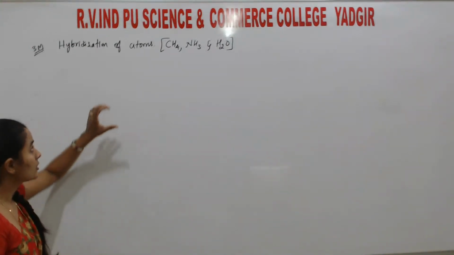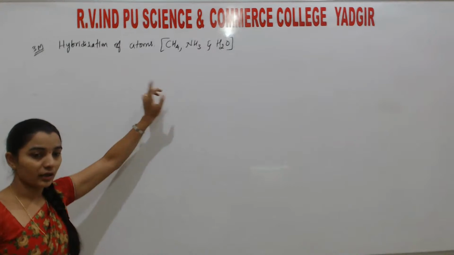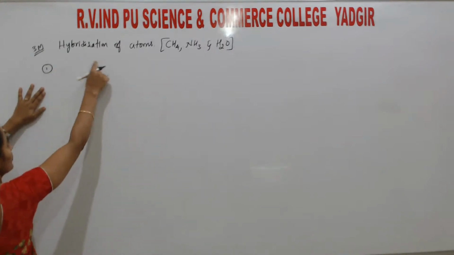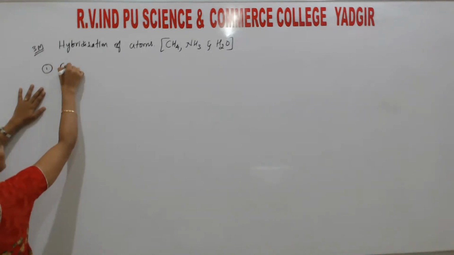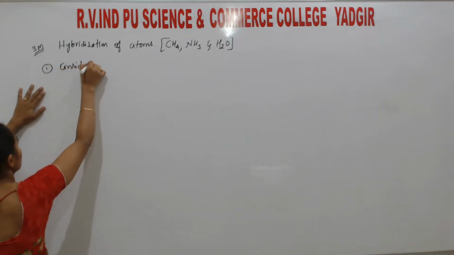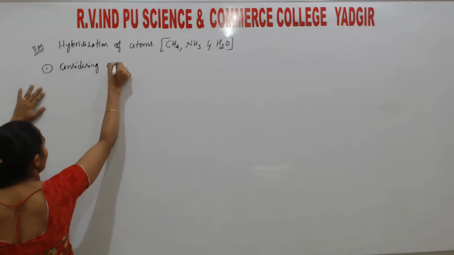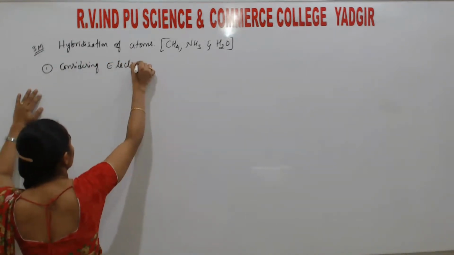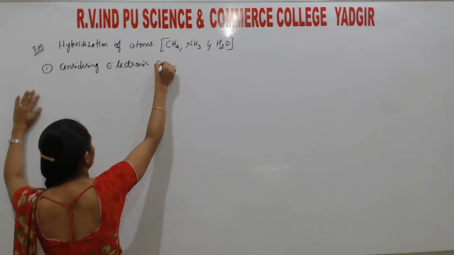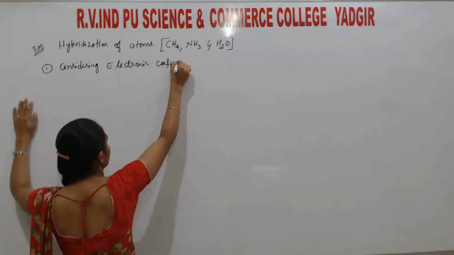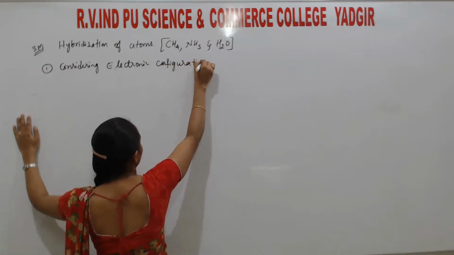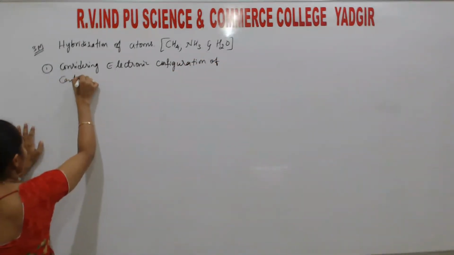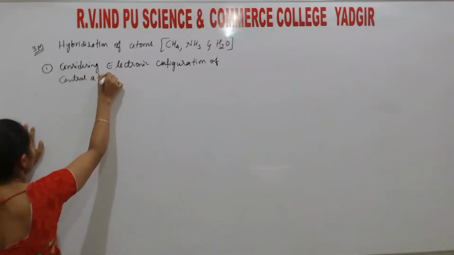Okay, remember? So listen, I'll write some steps here. Initially, the first step to write the hybridization: consider the electronic configuration of the central atom.